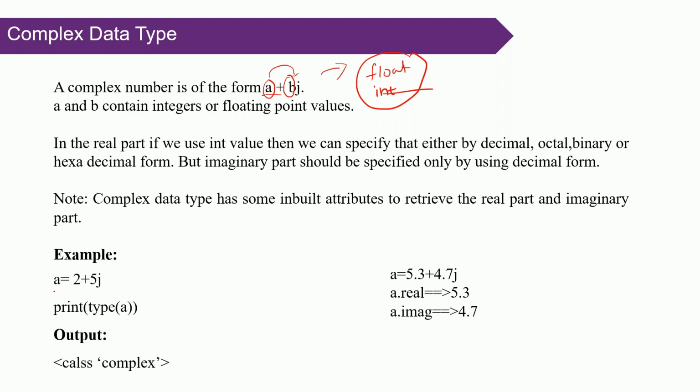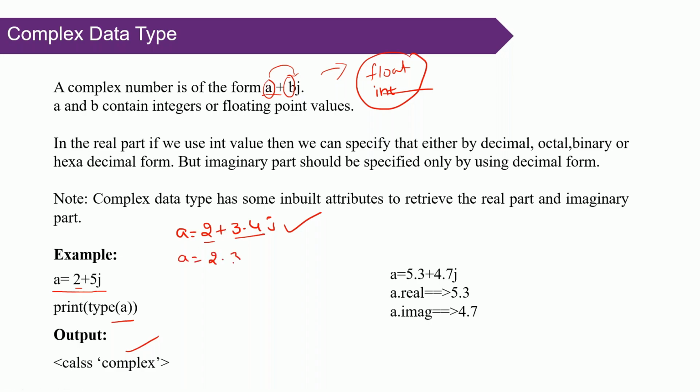For example, see this one. A is equal to 2 plus 5j. In this, 2 is an integer, 5 is an integer. The type of A is complex. Suppose A is equal to 2 plus 3.4j. Valid. It is an integer and a floating point number, not a problem.